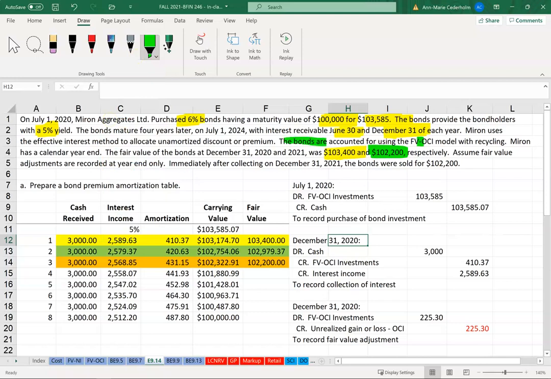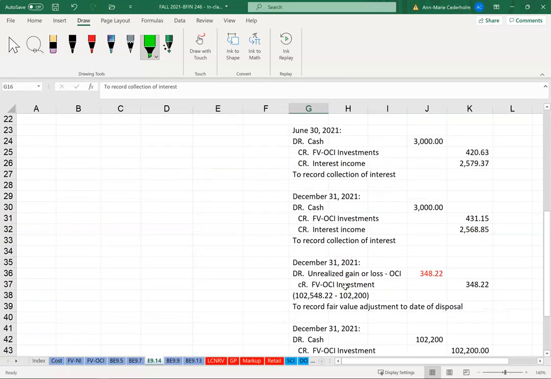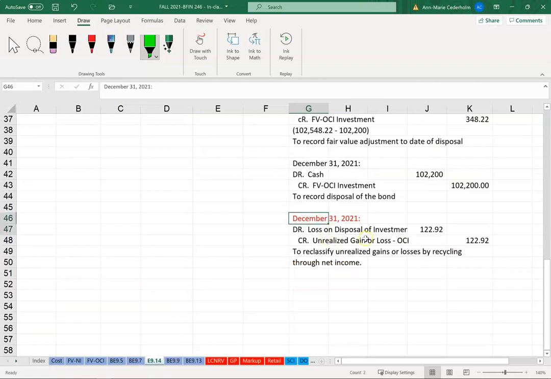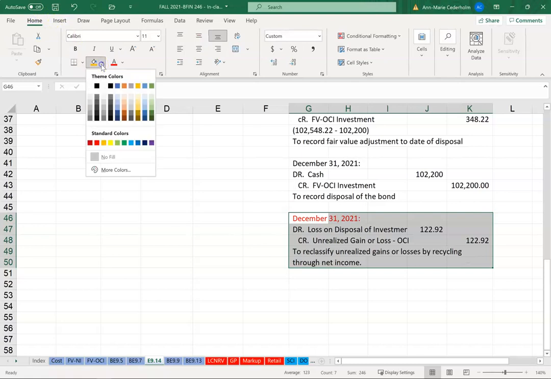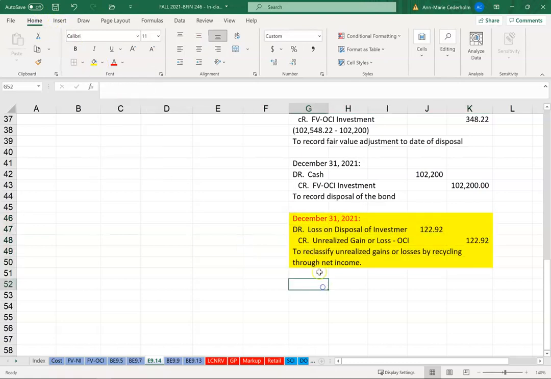The bonds are accounted for using fair value through OCI model with recycling. So when we recycle that through net income, we do this journal entry. And I'm just going to highlight this in yellow because I'm just going to modify this question slightly. If we don't recycle through net income, then the journal entry would be this.